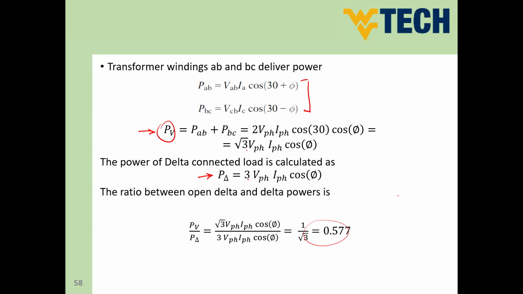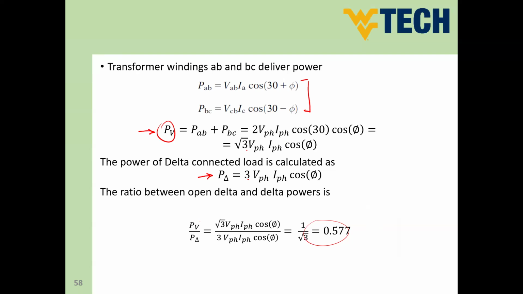This means you can provide power of 58% if you lose one of the three-phase transformers. Okay, so you can still provide power to your load, but with reduced capacity. So you can reduce your load to 58% of the capacity of the transformer, and then you can open one winding of the transformers.